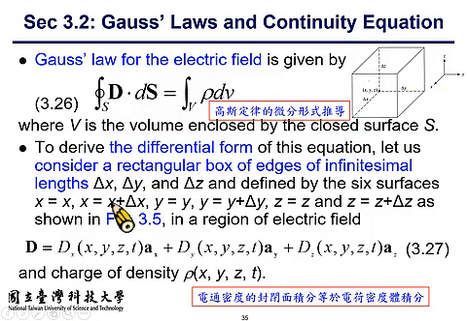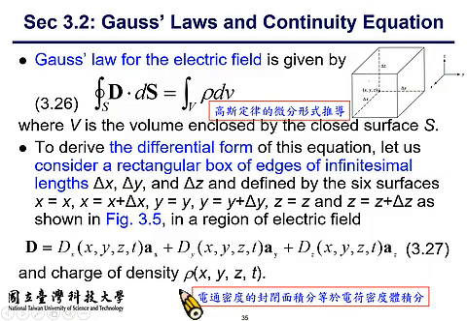In this equation, we see the parameter to the left is the displacement flux density D, which can be written as its projection on the x-axis, y-axis, and z-axis, which are Dx, Dy, and Dz. All three quantities are functions of space and time.